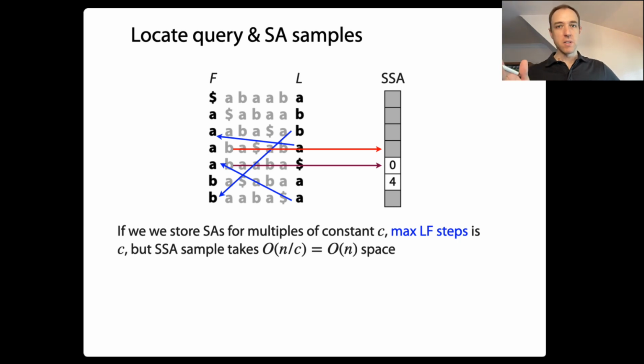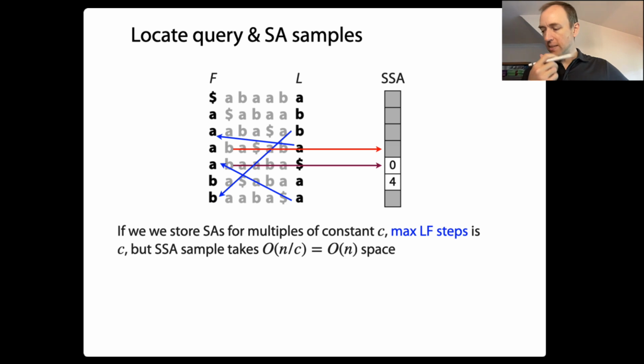The maximum number of times we'll have to invoke the LF mapping is really c minus 1 before we are guaranteed to have got to a row that has a saved suffix array element.